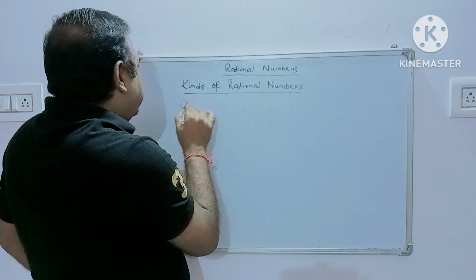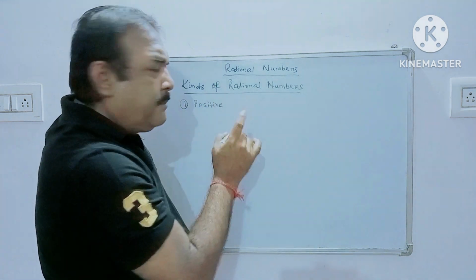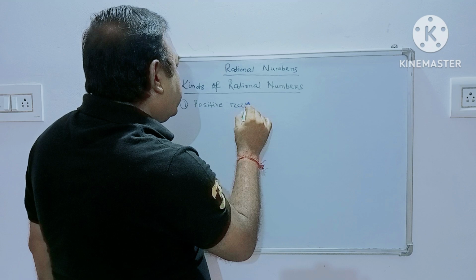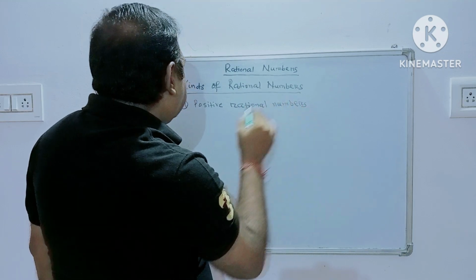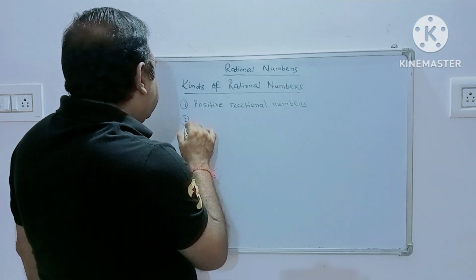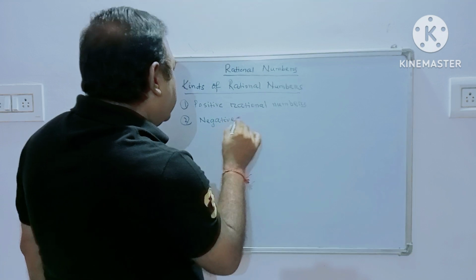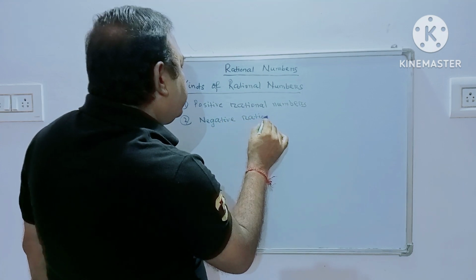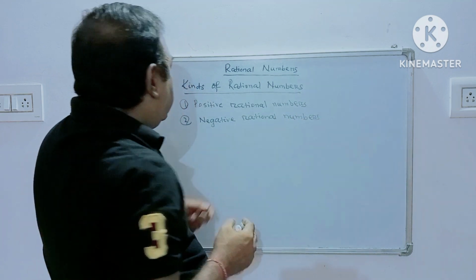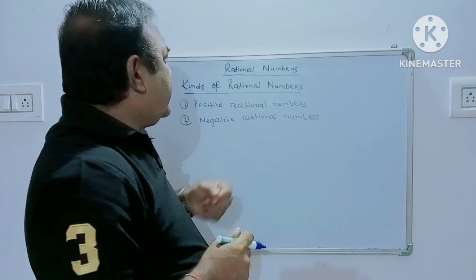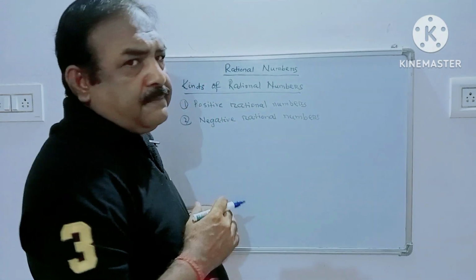You see, positive rational numbers, and the other one is negative rational numbers. You see, in the positive rational numbers, we are having a numerator and denominator in each rational number.